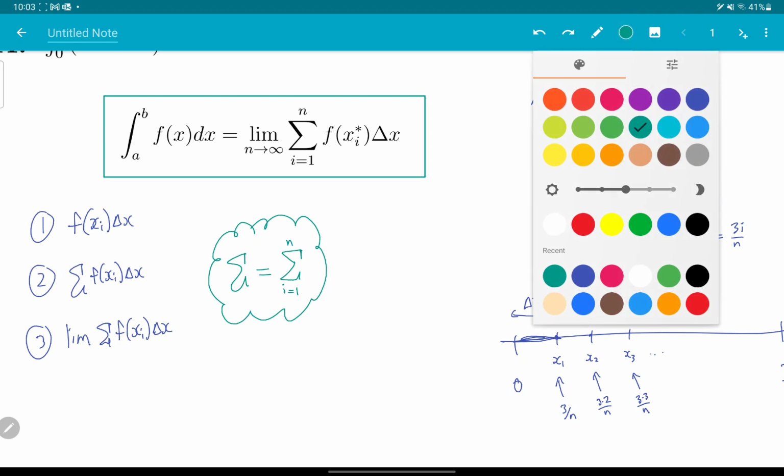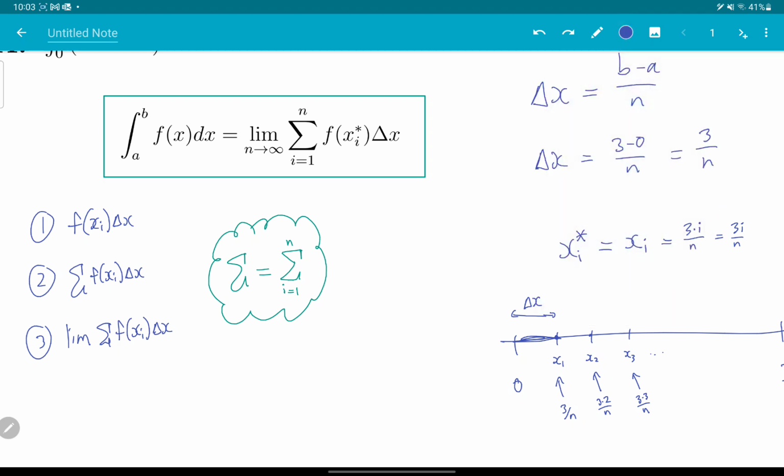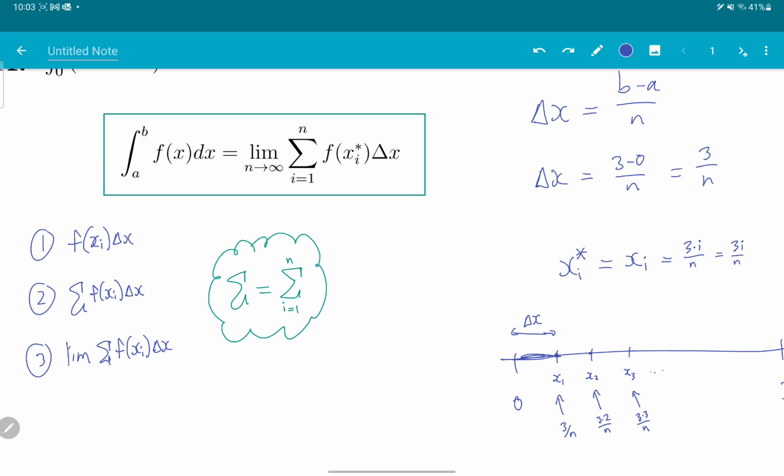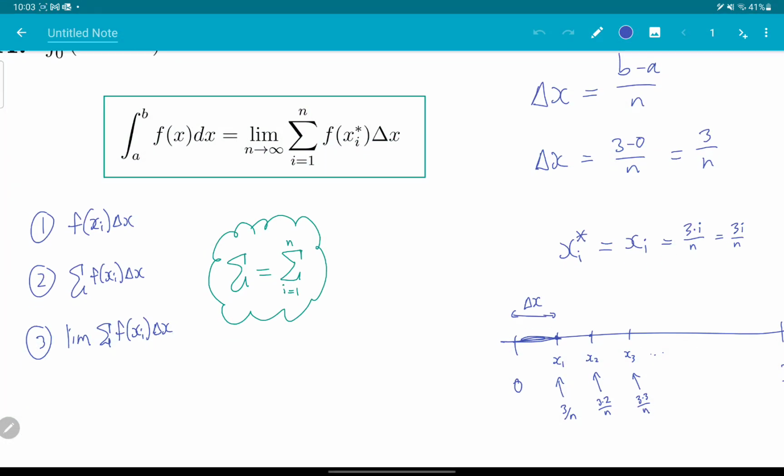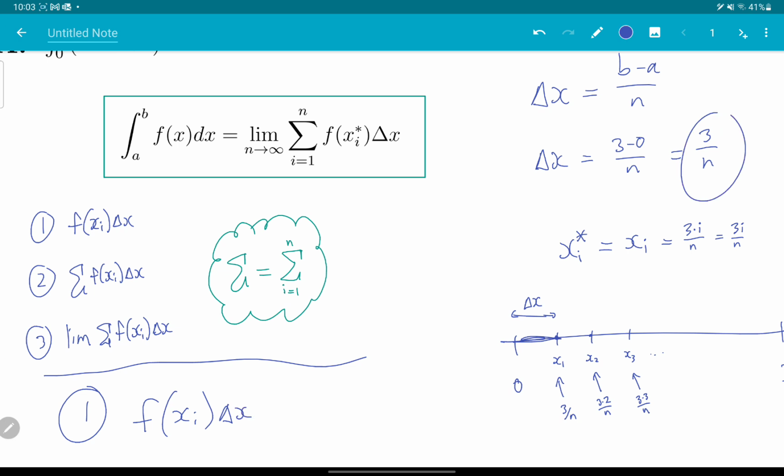So, number one, let's find and simplify f of xi and delta x. So delta x is 3 over n, and xi is 3i over n.